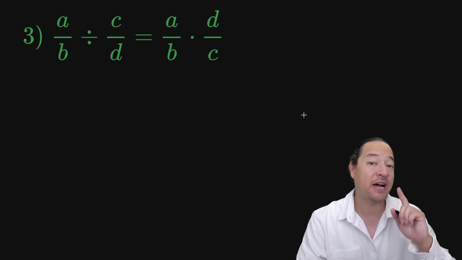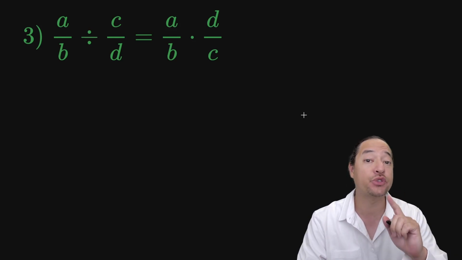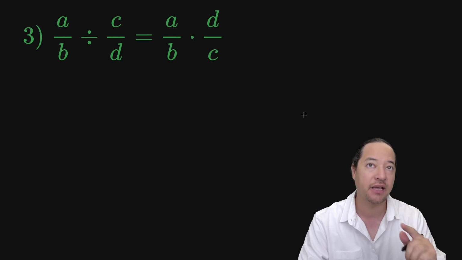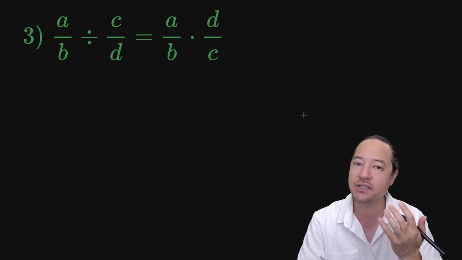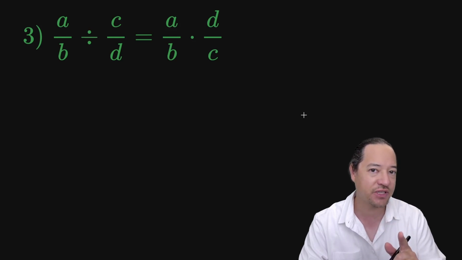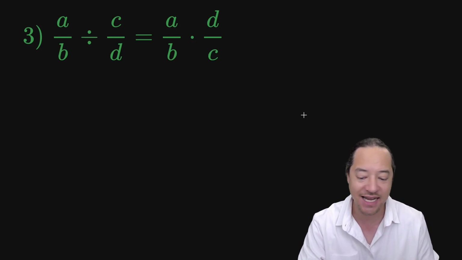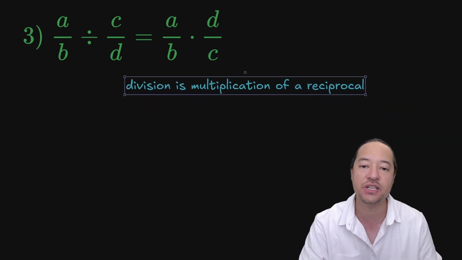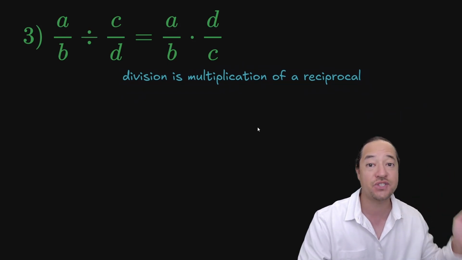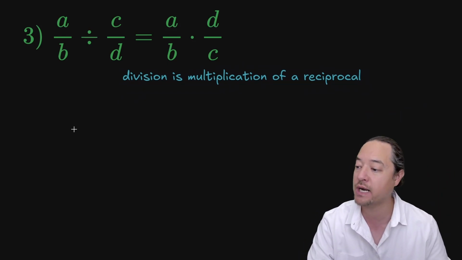Property 3 is about division. It's about how to divide fractions. Now, this can be a little bit more tricky than multiplication until we remember that division is actually multiplication in disguise. We say that division is actually the multiplication of a reciprocal. Okay, so let's try and review what I mean here.